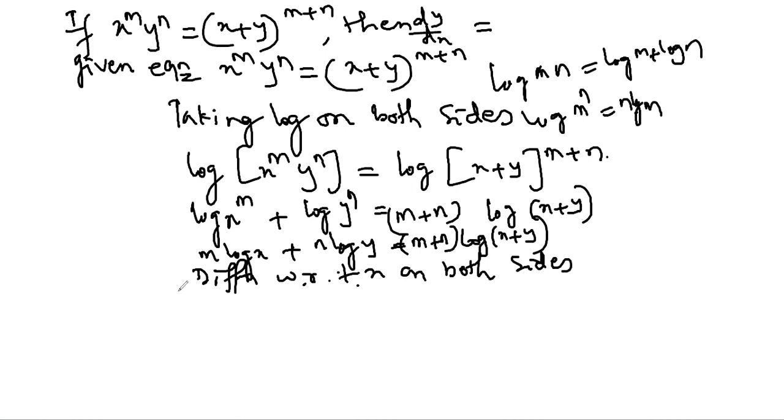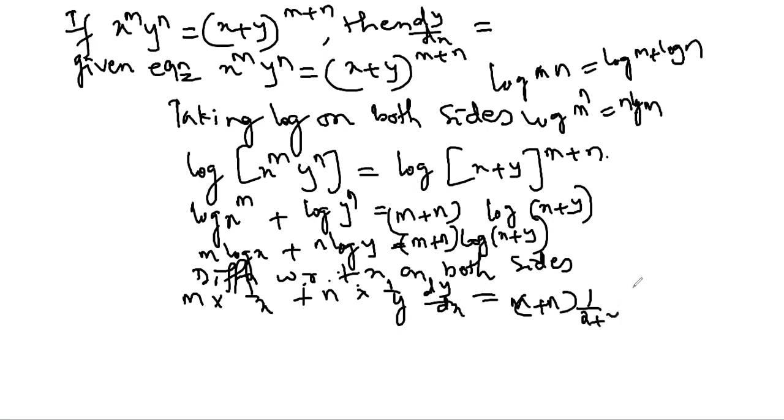Keeping m as it is, the derivative of log x is 1 by x, plus n as it is, the derivative of log y is 1 by y into dy by dx, is equal to (m plus n) kept as it is, into the derivative of log of (x plus y), which is 1 by (x plus y) into bracket (1 plus dy by dx).